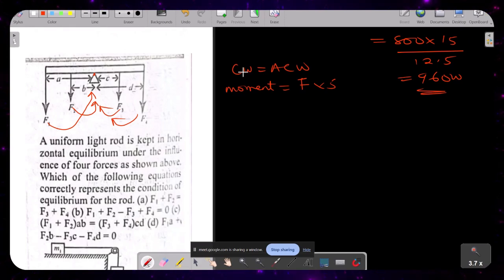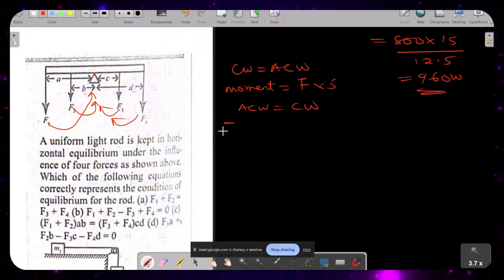I don't mind interchanging it: clockwise equals anti-clockwise, or anti-clockwise equals clockwise. For learning's sake, so some of you are not confused, let me put it this way: the sum of anti-clockwise moments is equal to the sum of clockwise moments.